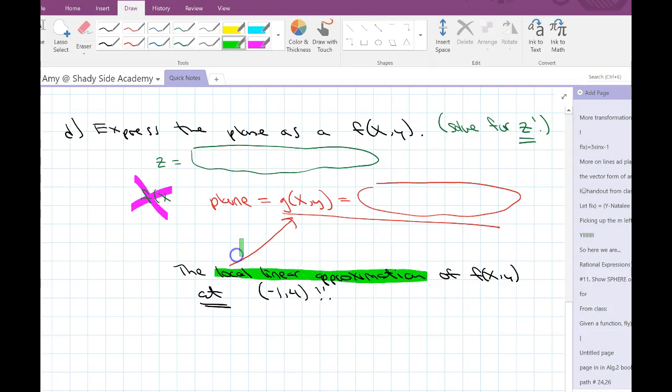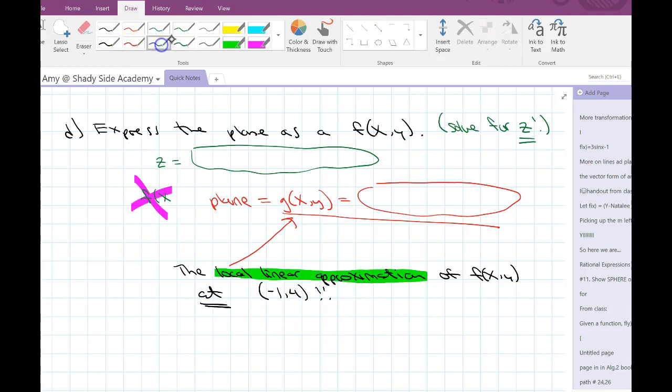You did local linear approximations in AP Calc, BC and AB Calc. Back in the day, the local linear approximation was synonymous with the line tangent to f of x at x equals x naught. Now, the local linear approximation of a surface is the plane tangent to a surface at some ordered triple.